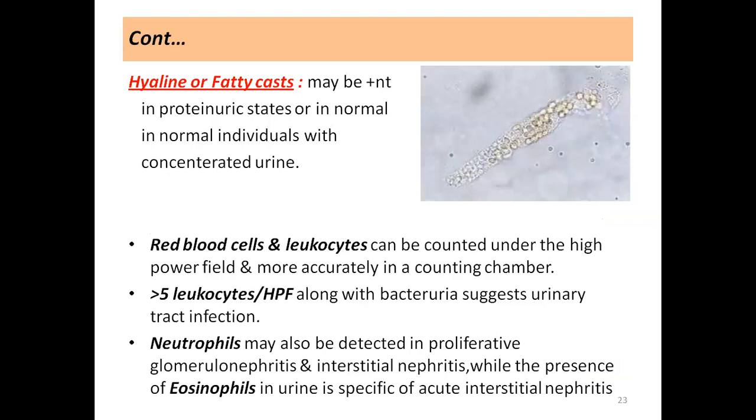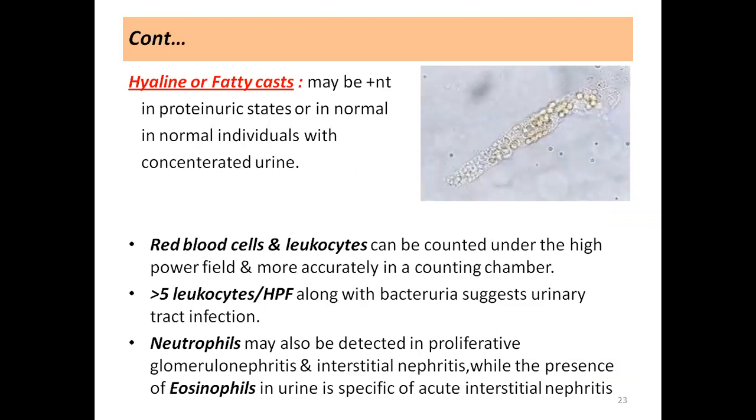Red blood cell and leukocytes can be counted under the high power field and more accurately in a counting chamber. More than 5 leukocytes along with bacteriuria suggest urinary tract infection.